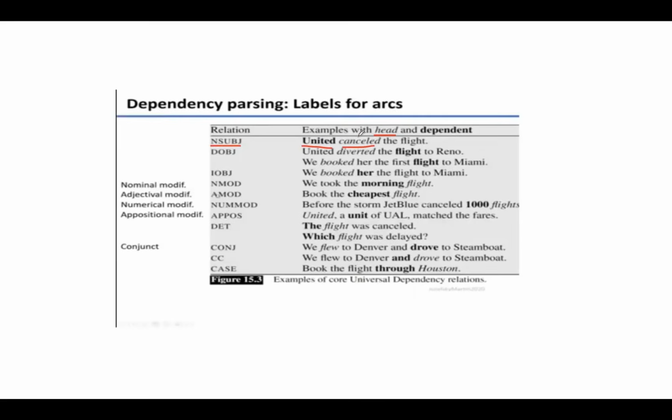Cancelled is the head word and united is the dependent word. Next, direct object. Here diverted is the verb, so that becomes the head word, and dependent is flight. The relation between diverted and flight should be direct object.